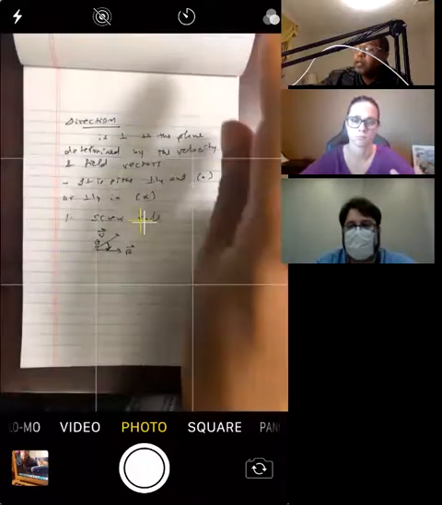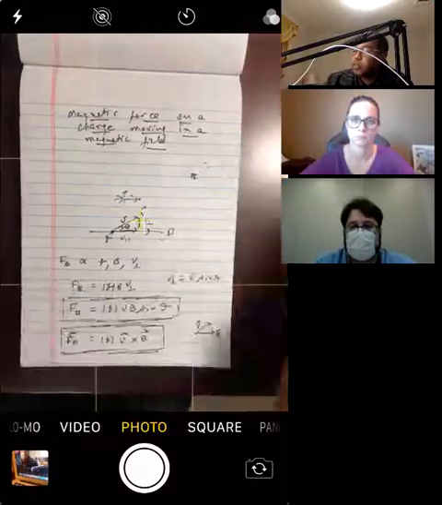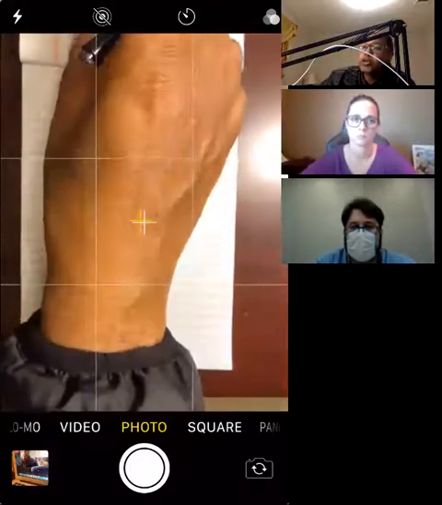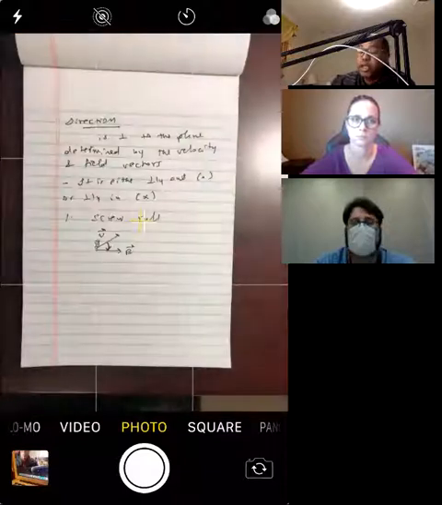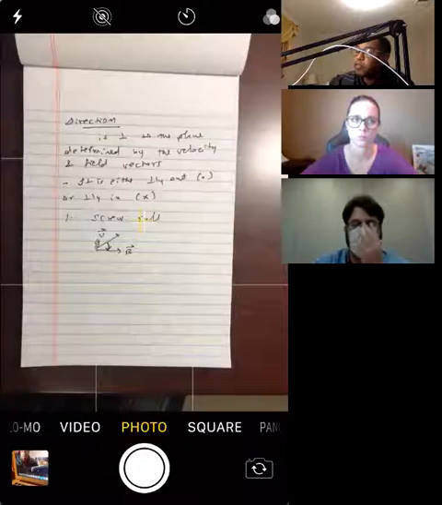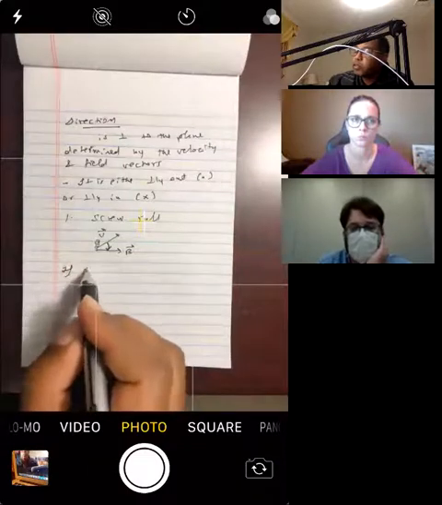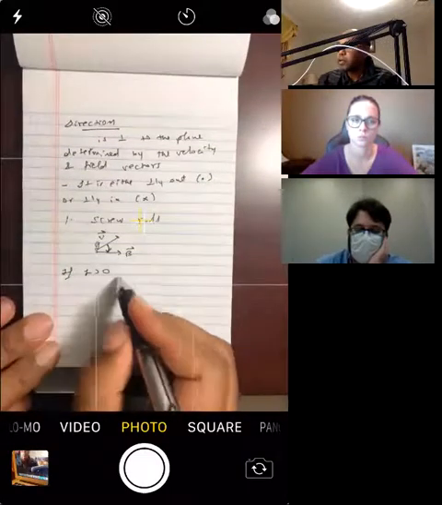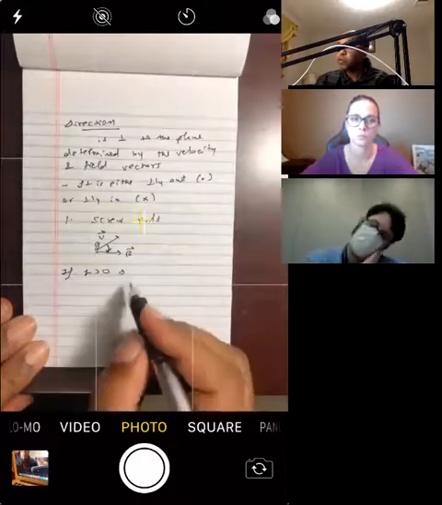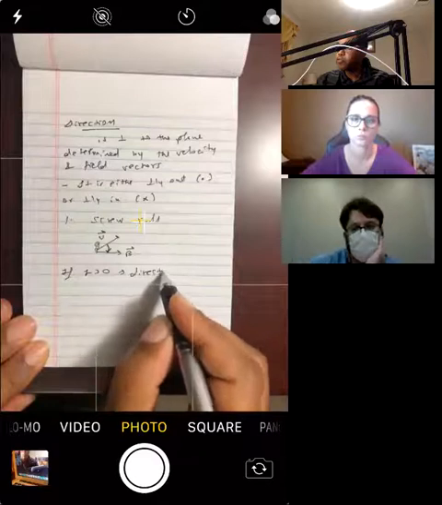Then if the charge is positive, the direction of movement of the screw gives you the direction of the force. But if the charge is negative, you have to reverse it, because that's times a negative. So if Q is greater than 0, the direction of movement of the screw gives you the direction of the force.